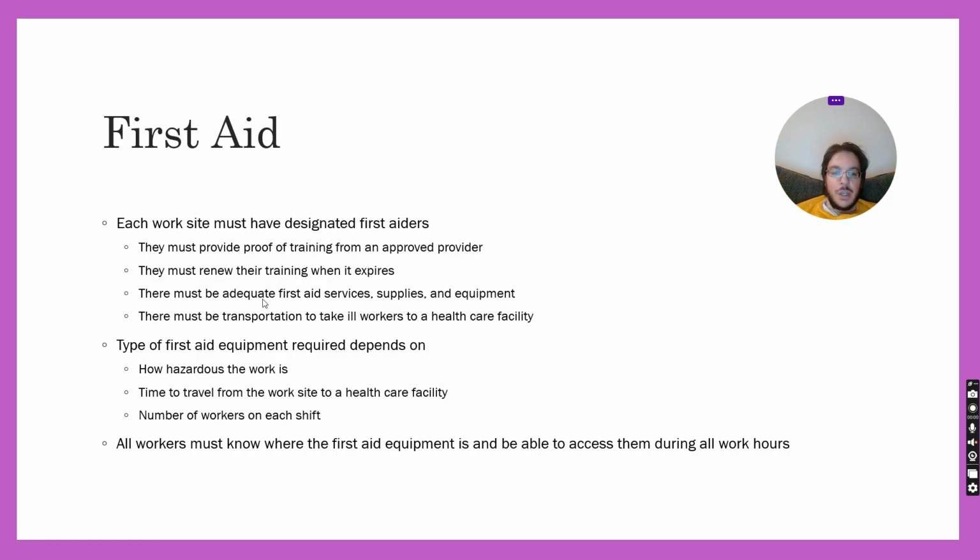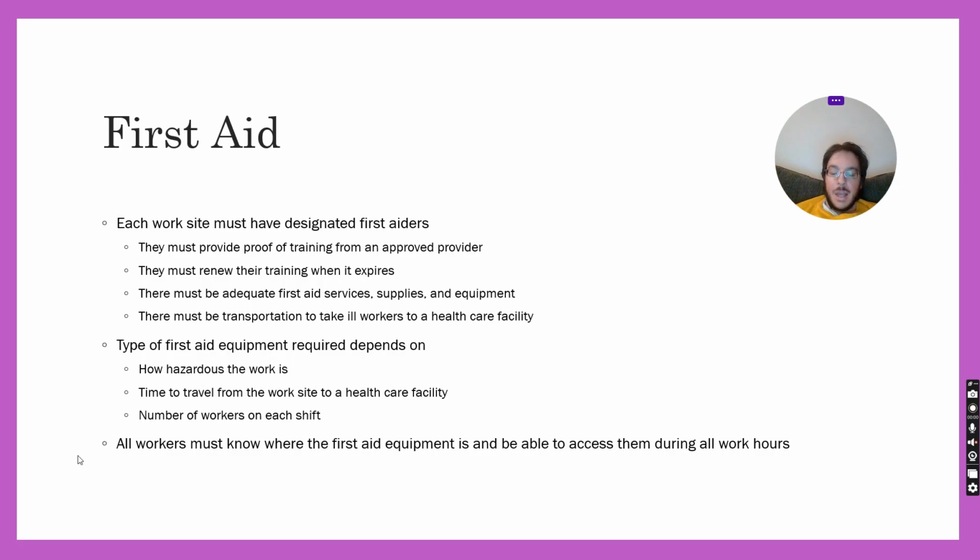And there also, we must have adequate first aid supplies on site. The type of first aid supplies and the number of first aiders depends on how hazardous our work is, how long it takes to get from our work site to the hospital, and the number of workers on site.